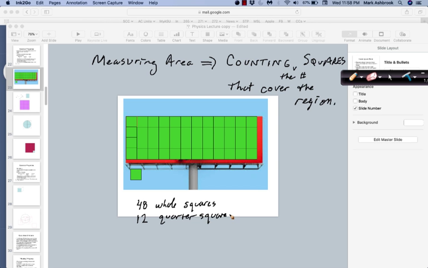And what about here on the right? These look like about half squares, right? 1, 2, 3, 4 half squares. And then there's this little bit down here. What is that? That's like a quarter of a half, right? So if it's a half this way and a quarter this way, it's like a quarter of a half, or it's like 1/8 square.